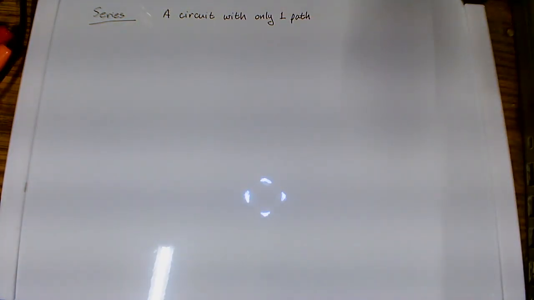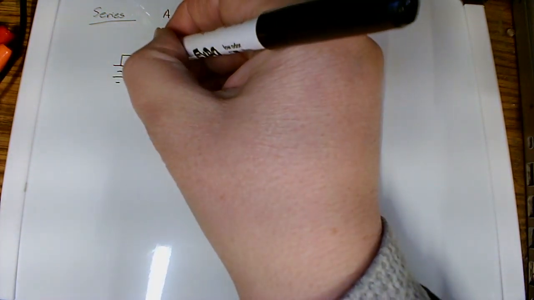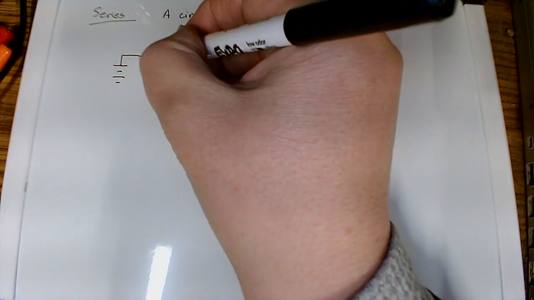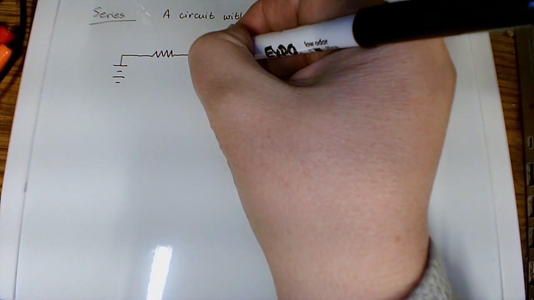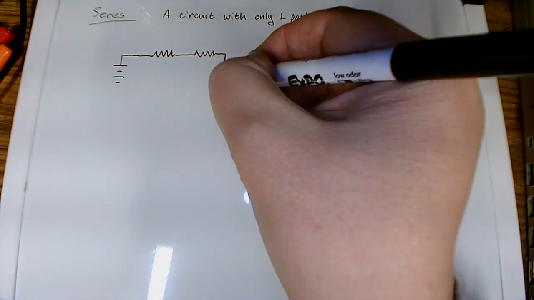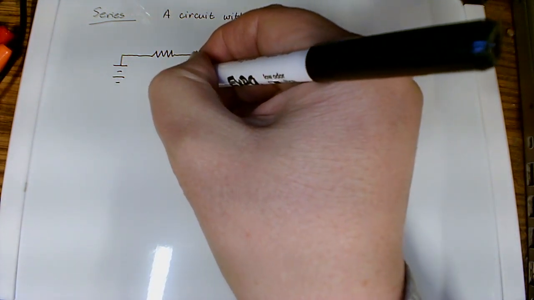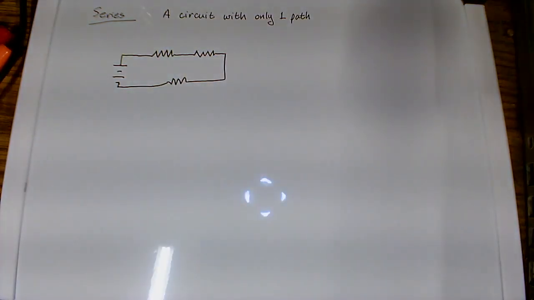To give an example of what this might be, let's say we have a battery, and that battery is then connected to a resistor of some sort, to another resistor of some sort, and finally to one last one before it goes back to that battery.